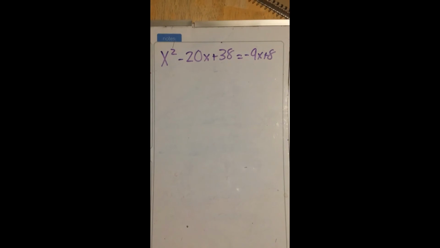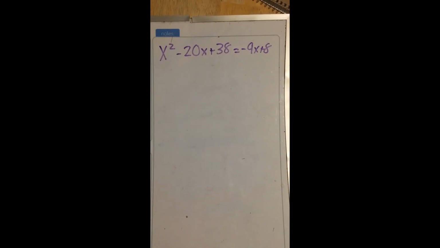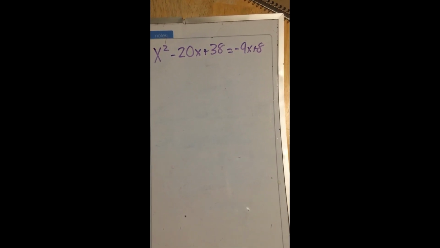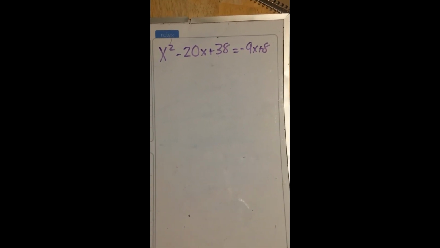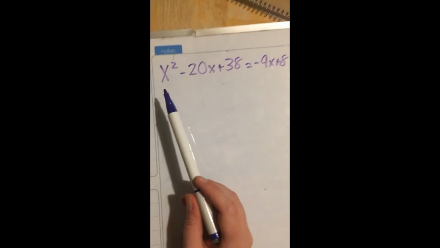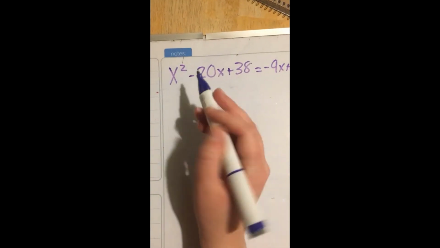Okay, so let's look at another problem. We have x squared minus 20x plus 38 equals negative 9x plus 8. The first thing we have to do is put it in standard form. The x squared is always going to have to be positive, so we're going to bring these over to this side.